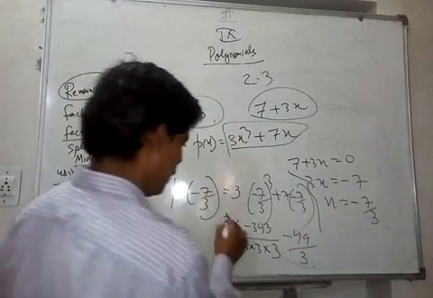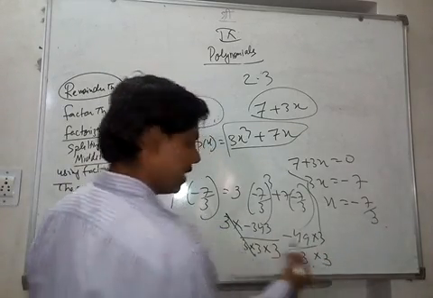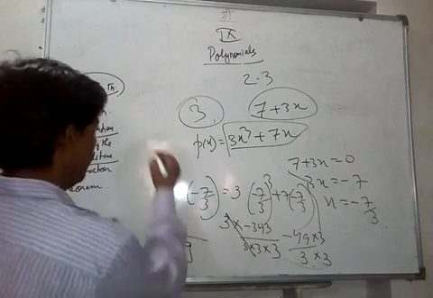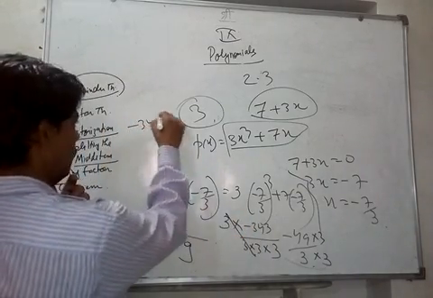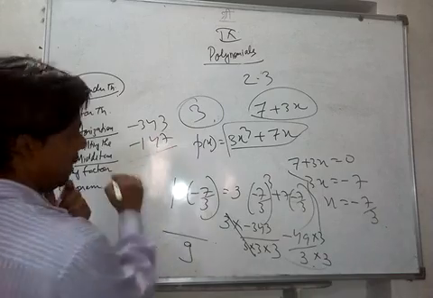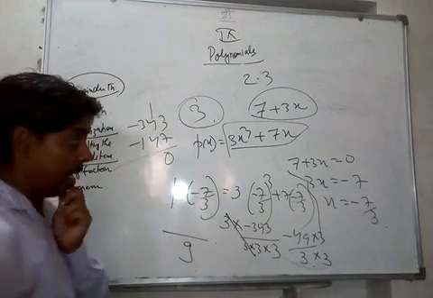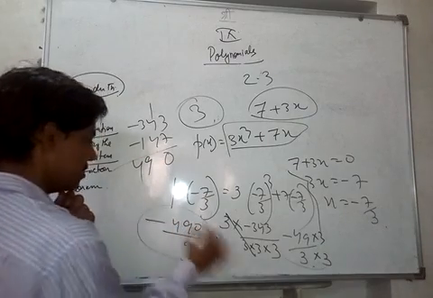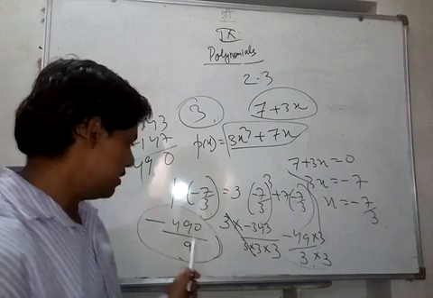You should try. 3 and 3 gone. I am taking the LCM as 9, and 49 into 3 is, I think, 147. So you will write minus 343 and 147, add this, and you get 7 plus 3, 10, and this is 9, and this is 490. So you get something like minus 490 upon 9. Now is this 0?